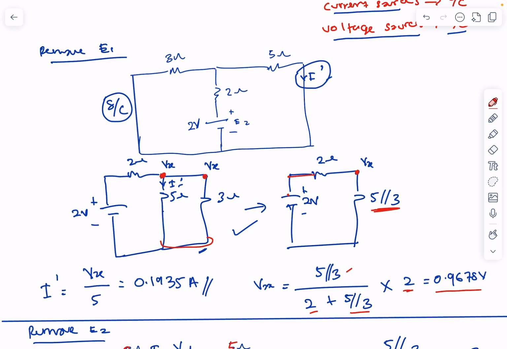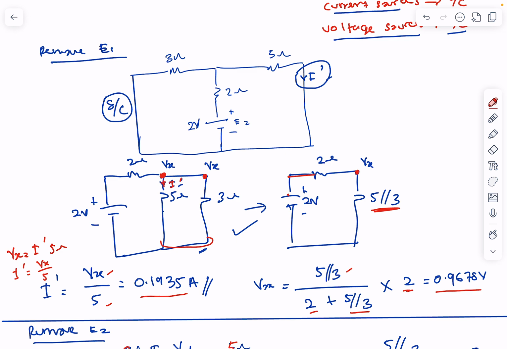So if you want to find I single prime here, I single prime equals Vx divided by 5, where Vx equals I single prime times 5 ohm. So you get 0.1935 ampere. That is just after you remove E1.